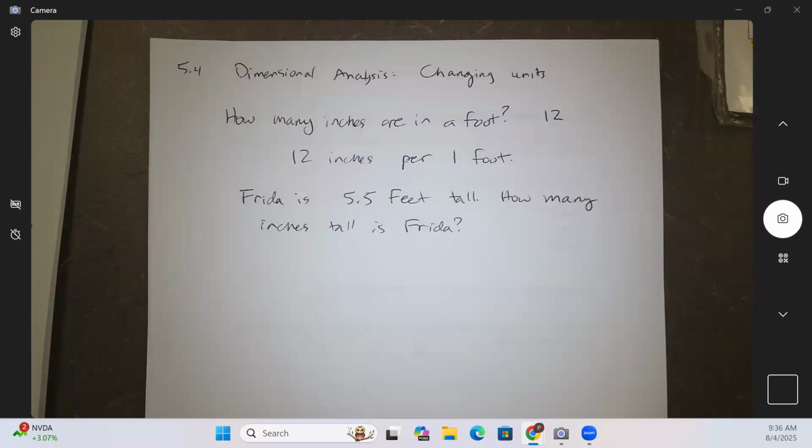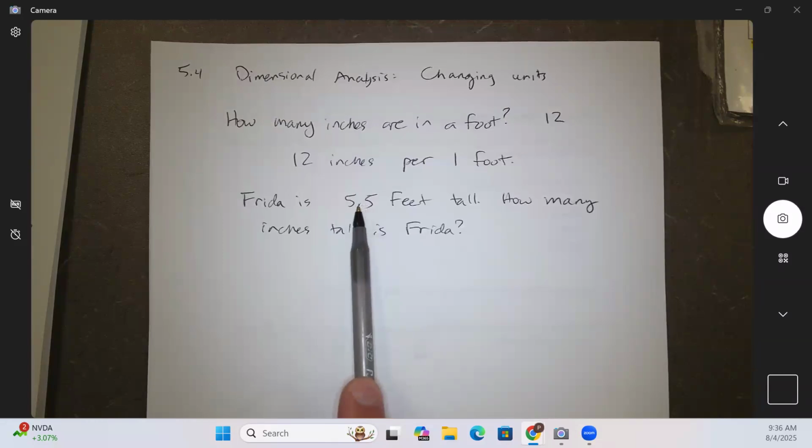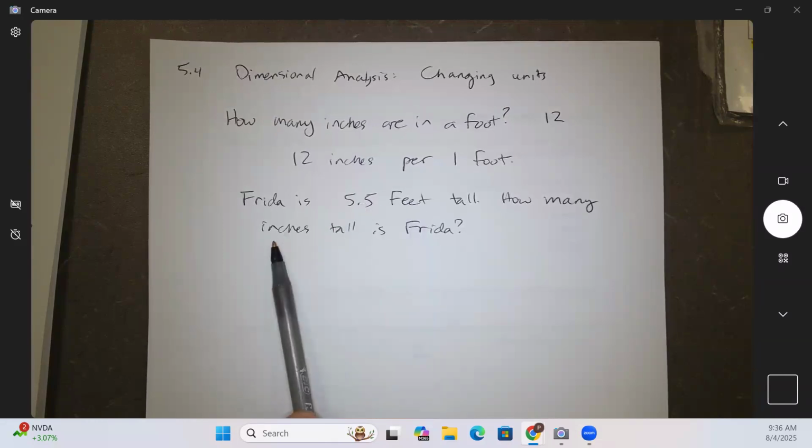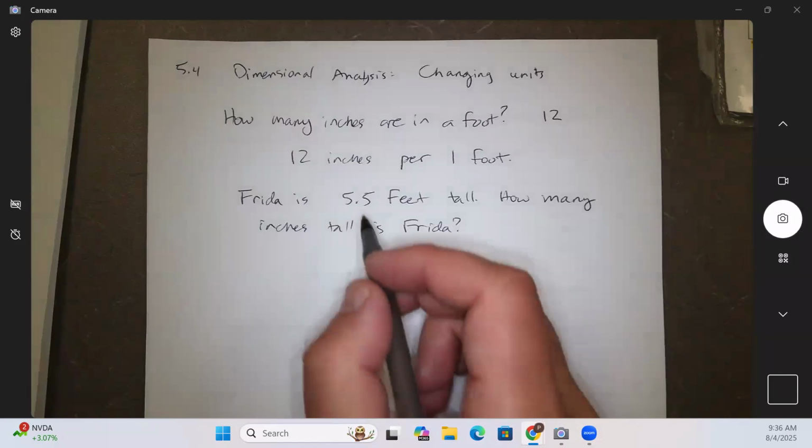Yeah, how would we answer that question? I give you a measurement in feet and I want a measurement in inches. So how do I do that? Any ideas? Yeah, multiply. What do I multiply by? I multiply by 12. 12 times 5.5.